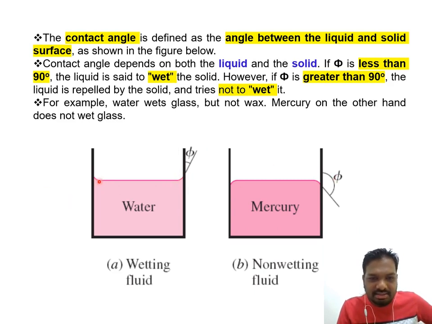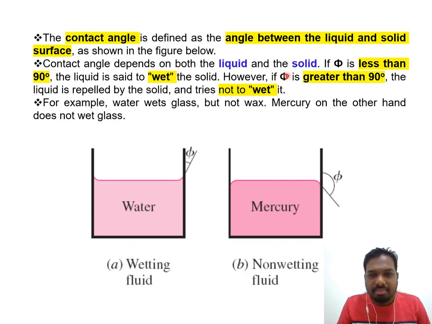So this is like a U, and this is like an N. For this, if you connect this line from the surface, the angle will be more. So if it's like a U, we call this a wetting fluid. If it's like an N, we call it a non-wetting fluid.